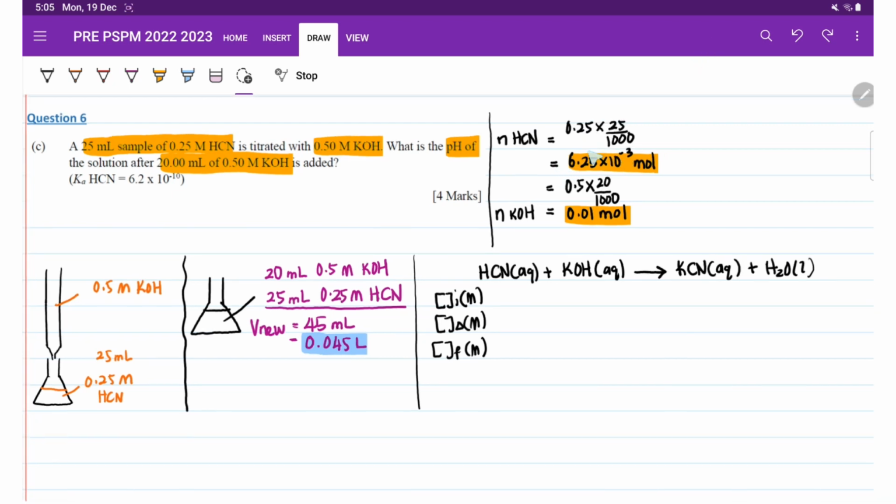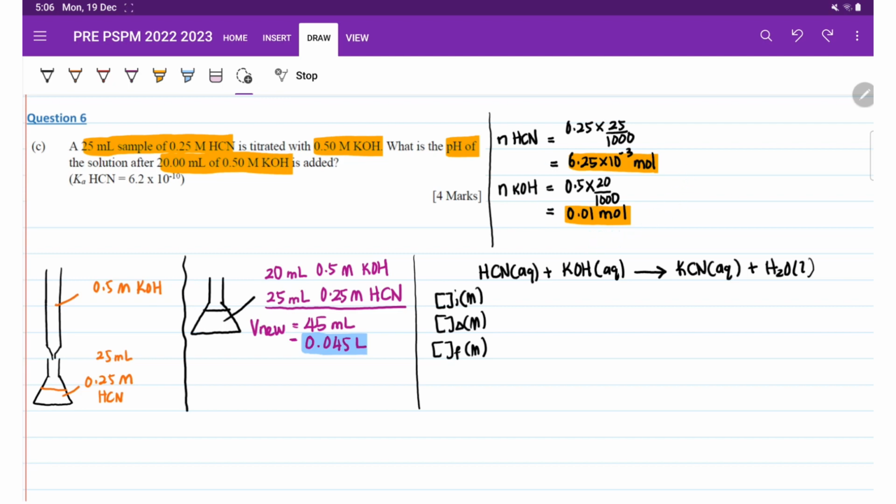Sorry, it is actually 0.25 molar times 25 over 1000. The concentration times the volume, and we get the number of mole is 6.25 times 10 to the power of negative 3 mole. And for KOH, 0.5 times 20 over 1000. So we will get the number of mole of KOH is 0.01 mole.